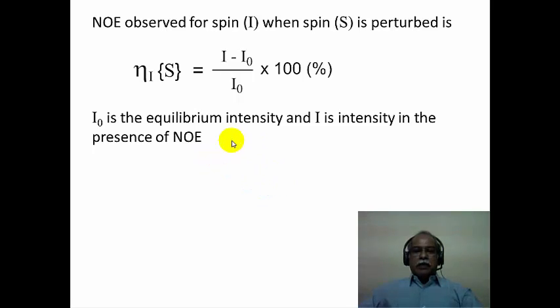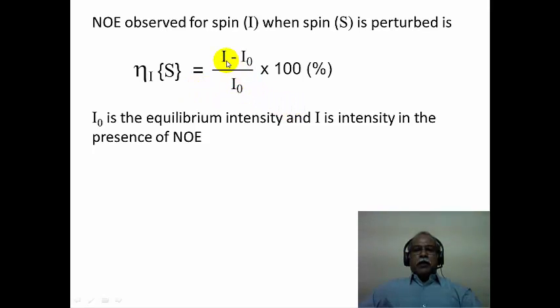Now, the nuclear Overhauser enhancement that one can observe for a spin I when another spin S is perturbed is given by this expression. This is the expression that is used for enhancement of nuclear Overhauser effect on the spin I when S is saturated or perturbed by a second double irradiation using a second radio frequency wave.